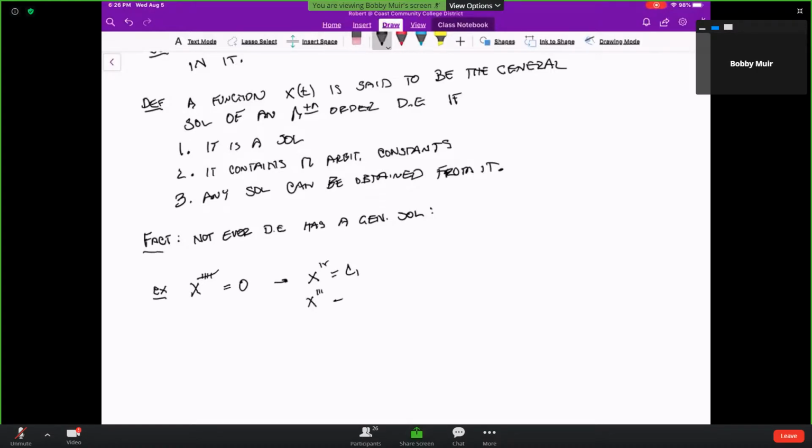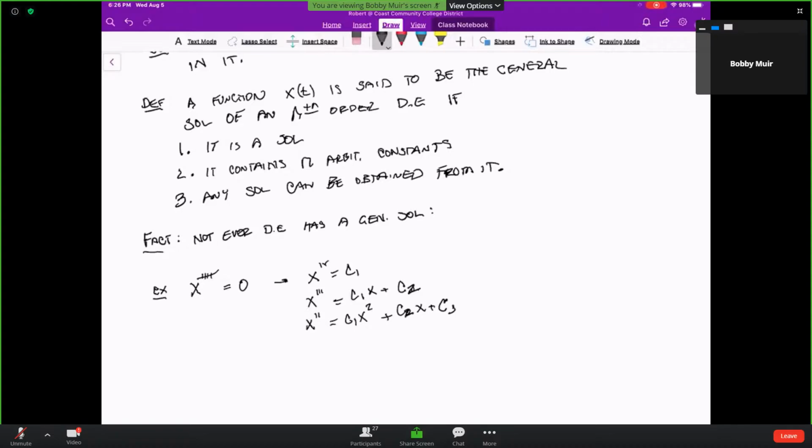The third derivative would be an arbitrary constant times x plus another arbitrary constant, and then integrate again, and we would have c1 x squared plus c0 x plus c2 plus c3.